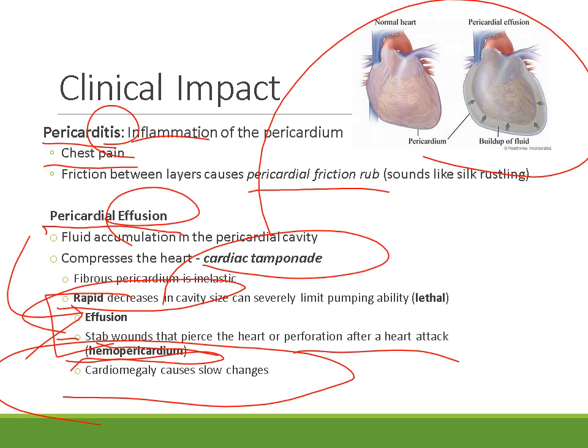So cardiomegaly typically is not going to result in cardiac tamponade, because as the heart is slowly growing, the pericardial sac can also slowly grow. So the difference there is that that's a slow growth as opposed to a pericardial effusion, which is going to rapidly decrease the size of the cavity space.